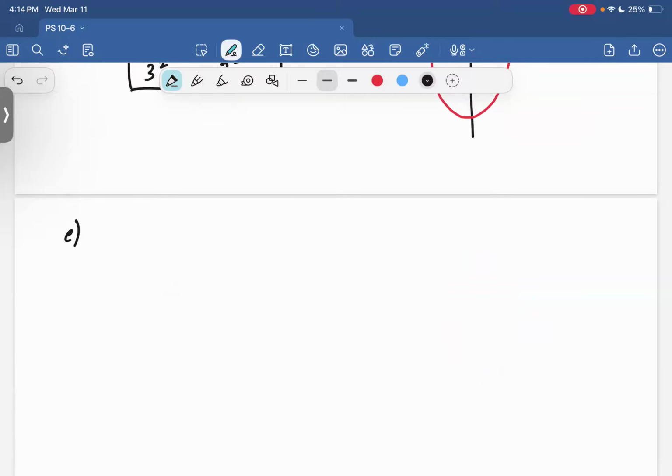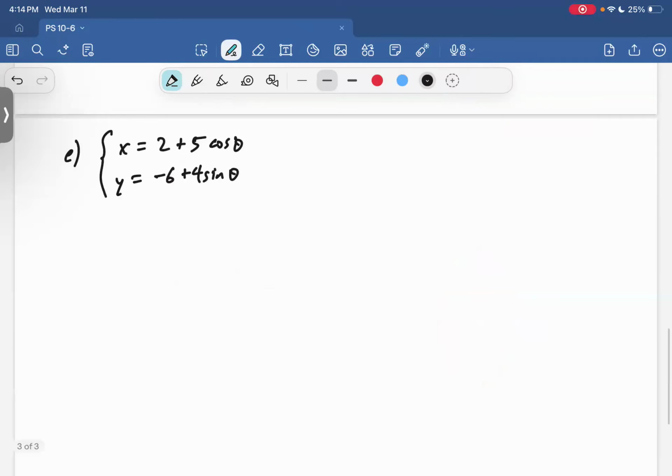Now for question E, it's the same concept, but now we're going to have a translated ellipse. From this, we would find that cosine theta equals x minus 2 over 5, and sine theta equals y plus 6 over 4.